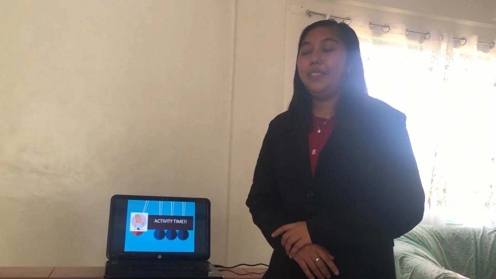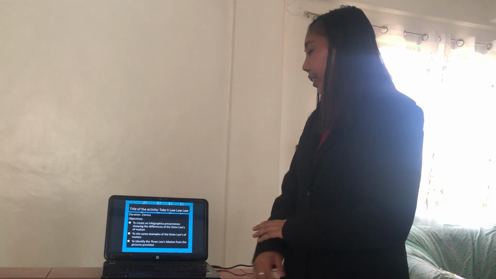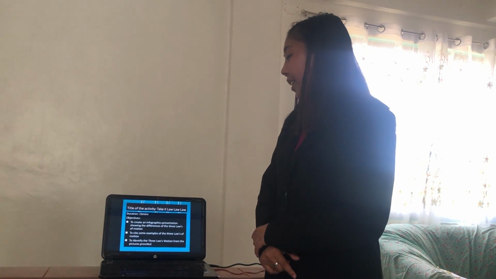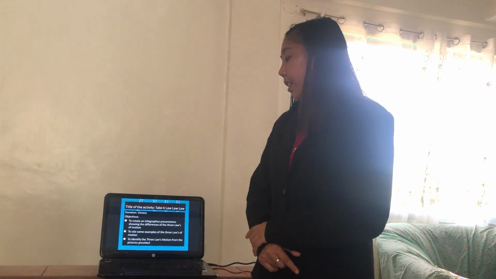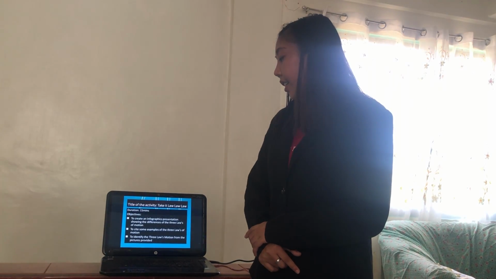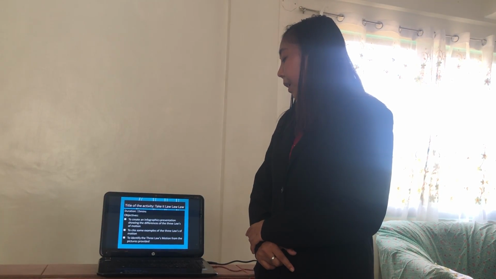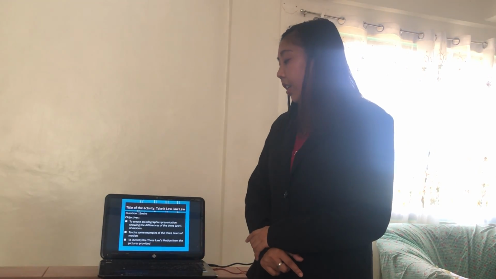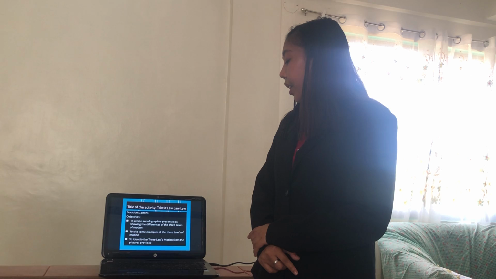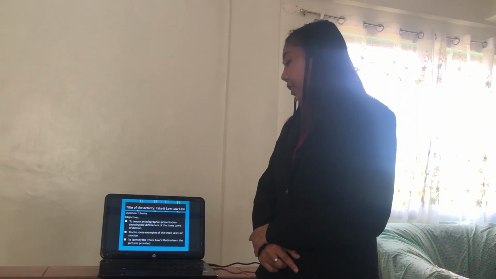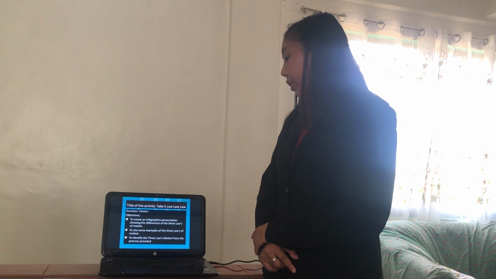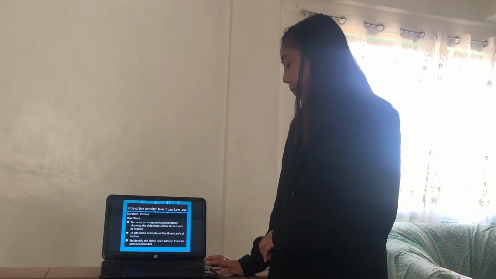So it's time for the activity. The title of the activity is Take It Low. The duration is 15 minutes. The objective is to create an infographic presentation showing the differences of the three laws of motion. Second, to cite some examples of the three laws of motion, and lastly, to identify the three laws of motion from the pictures provided.